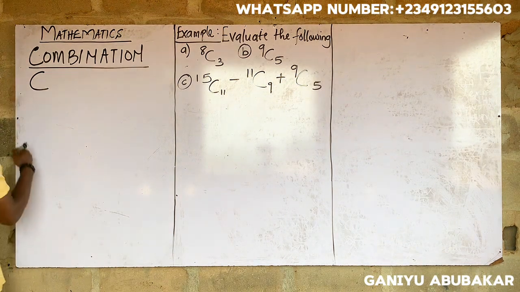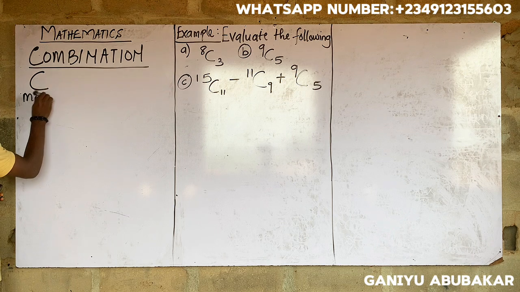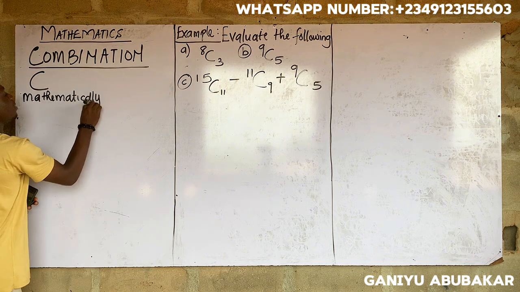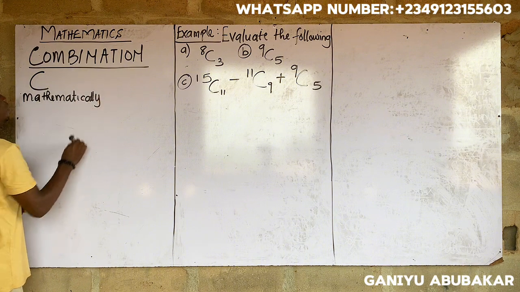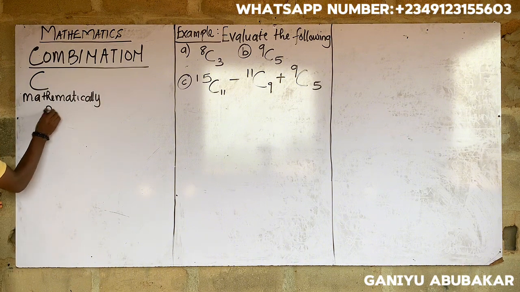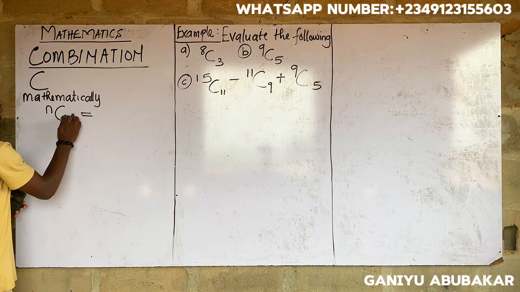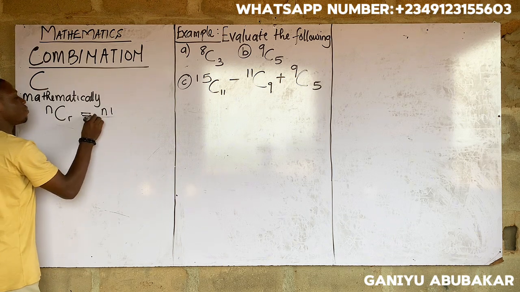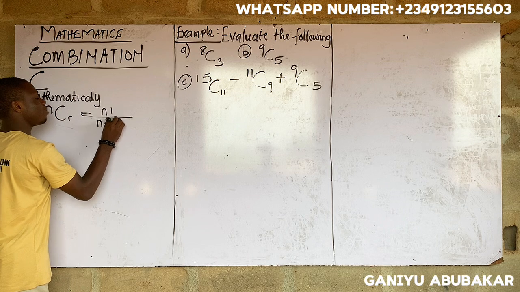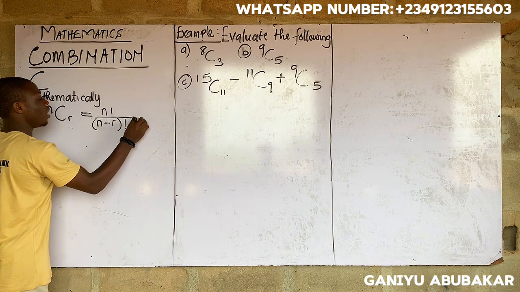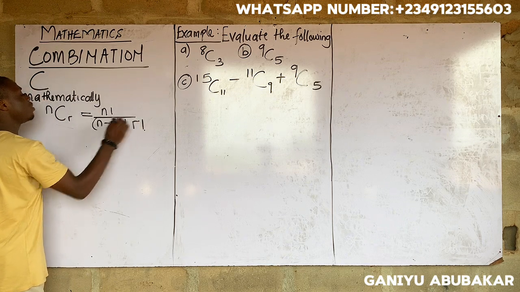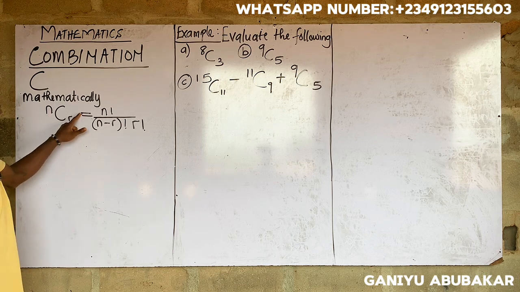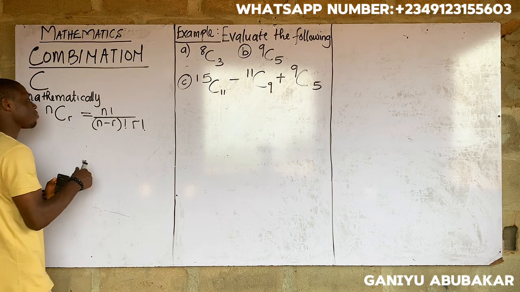Mathematically, n combination r is equal to n factorial all over n minus r factorial, r factorial.